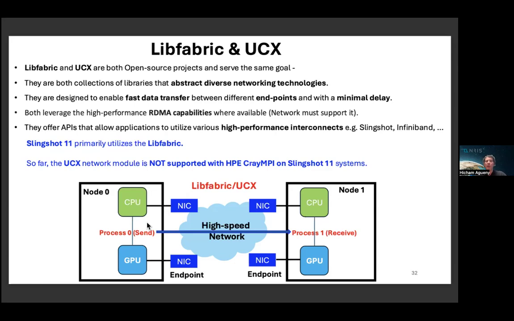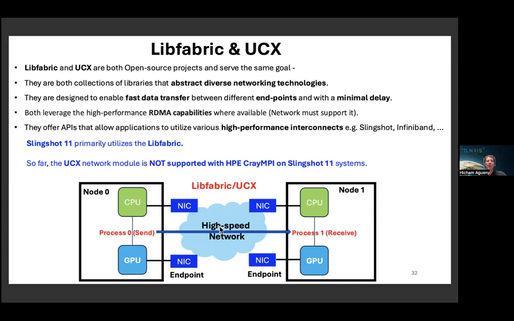Another important aspect of these frameworks is that they utilize the RDMA capability, remote direct memory access. This means that data can be transferred from the memory of the GPU on this node to the memory of the GPU on another node, without involving the CPU or the operating system, by utilizing the high-speed network.